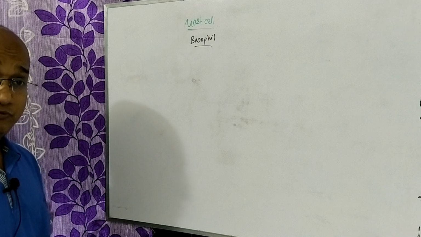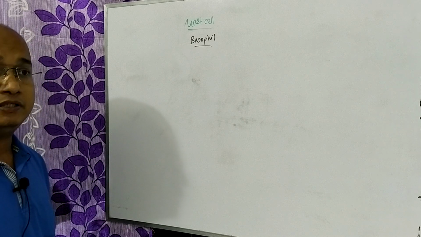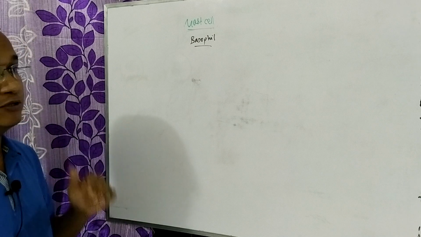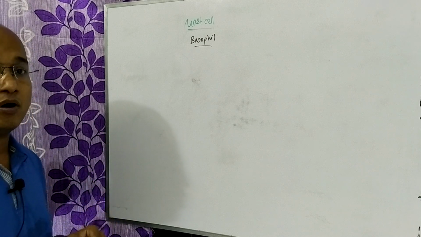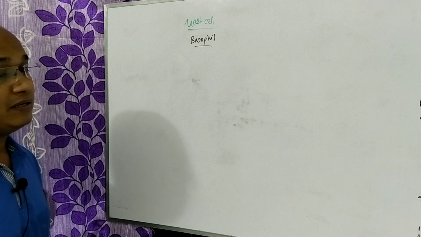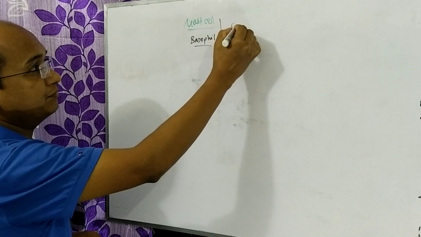Mast cell and basophil, of course, are different types of cell. They have different types of precursor. That is, mast cell and basophil originate from different hematopoietic lineages, but they have similarity in function.